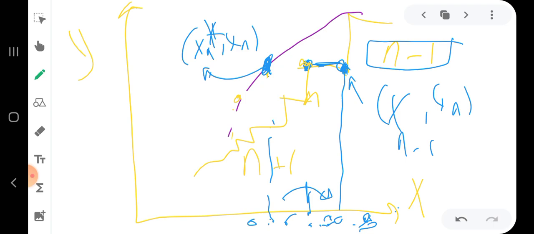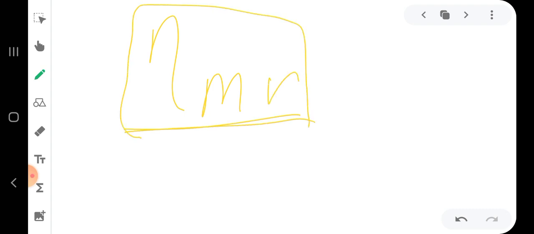Now let's talk about the Murphree vapor efficiency. It's the same idea, but the equation is different.